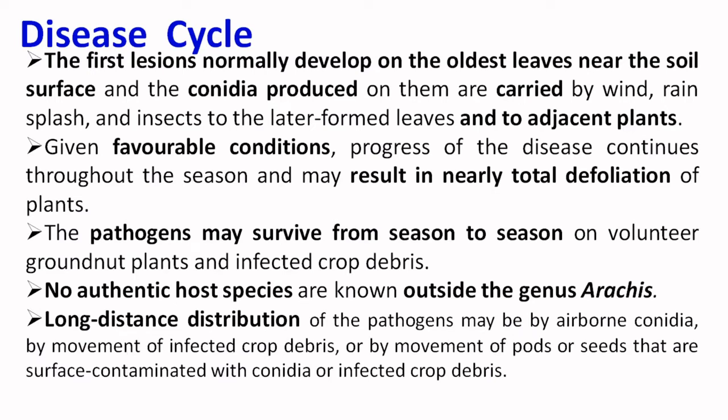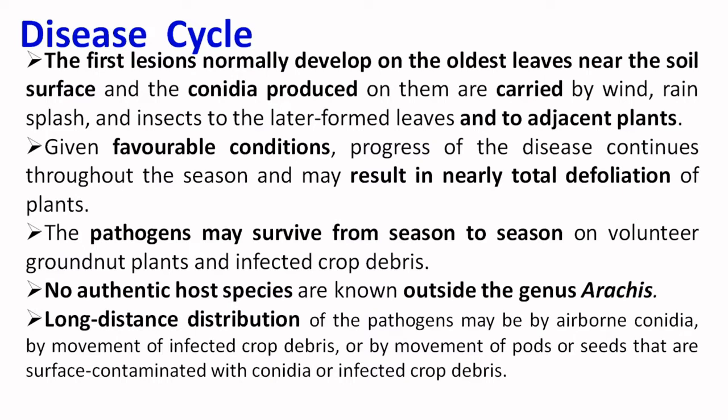Now another interesting fact is how this disease may spread to a distant place. Is long distance distribution possible in this case? Yes, of course it is possible, by airborne means, which is why it is sometimes called an airborne conidial dissemination process.